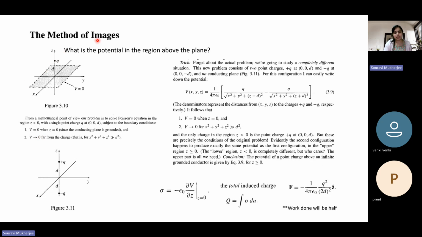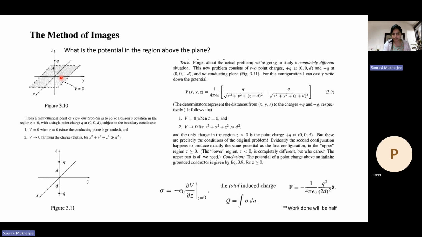So if you go very far, where X square plus Y square plus Z square is much greater than D square, V goes to 0. If we can find the same boundary condition with a simpler charge distribution, we would still get the same potential in this region, right? That's the uniqueness theorem.